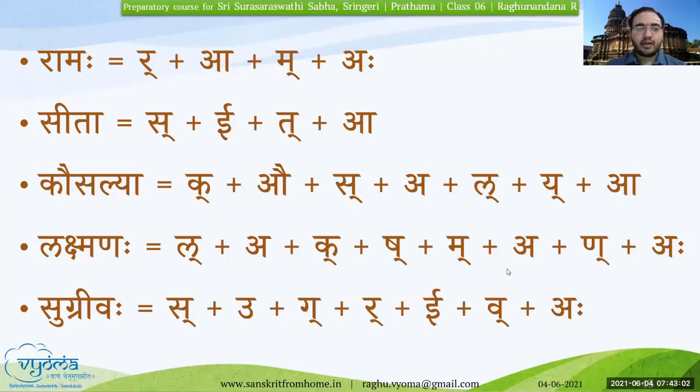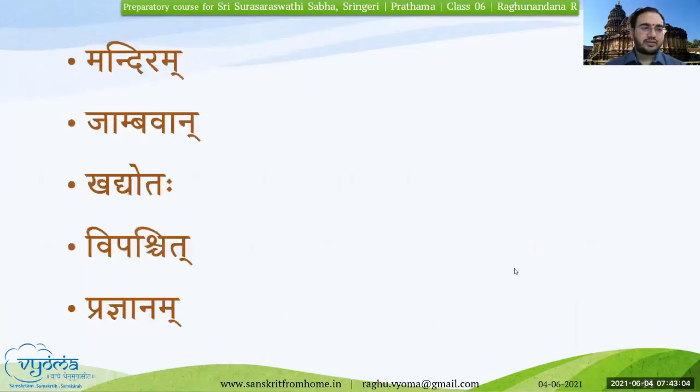Hope this is clear. Now, this is the classwork. Please try to write down these words, and try to do the constituent parts of these. Can you try for the first one? Namaste. Mandiram. Jambavan. You need to tell how this Mandiram is formed.